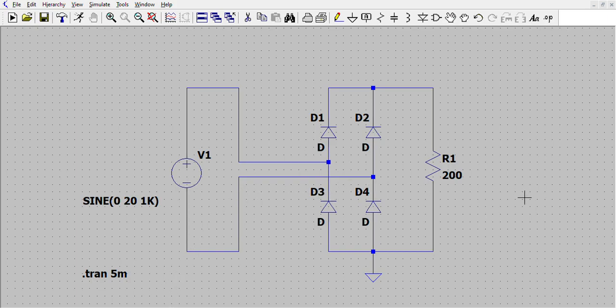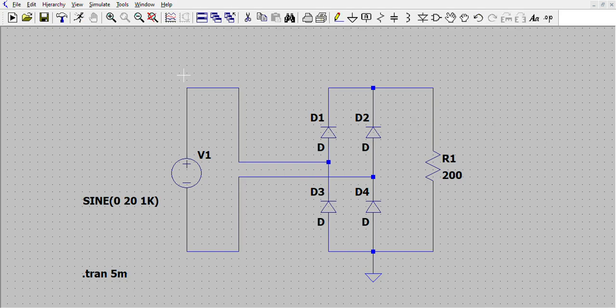This is the inductive load circuit. It is the same circuit as the resistive load circuit, but we only add an inductor at the load, and this inductor is an 8 millihenry inductor.